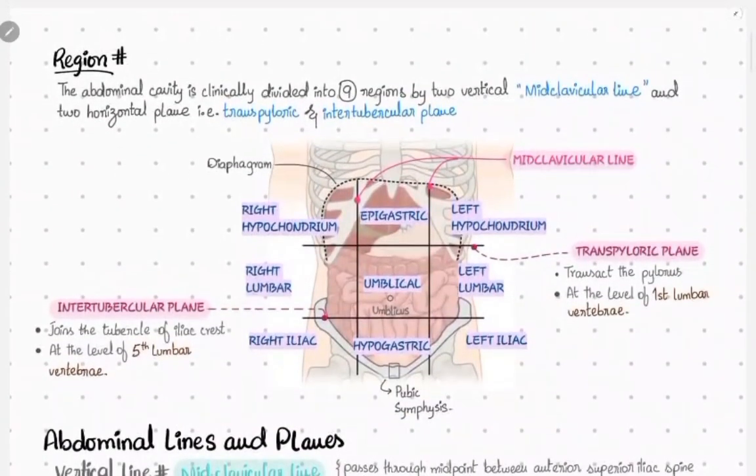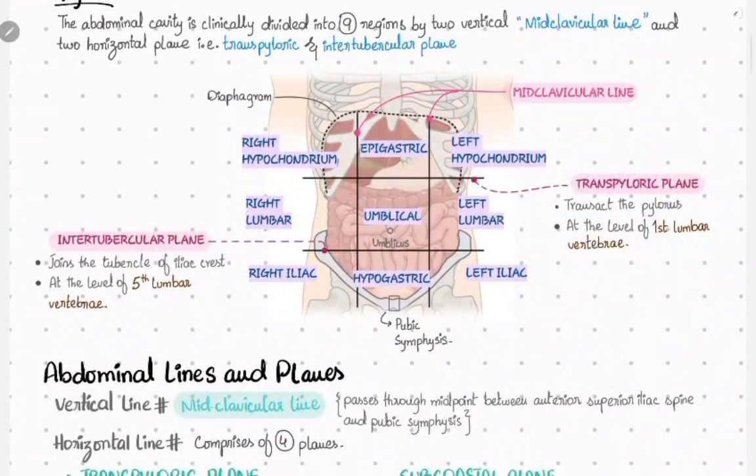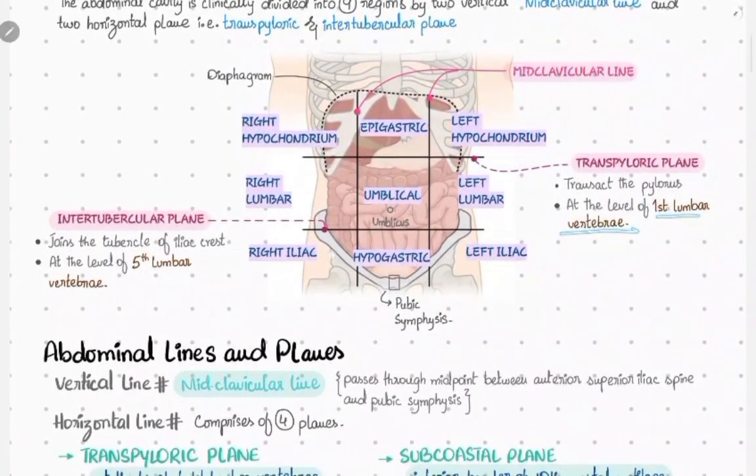Talking about the regions of the anterior abdominal wall, it consists of 9 regions divided by two vertical lines, the midclavicular lines, and two horizontal planes, the transpyloric and the intertubercular plane. The midclavicular line extends from the midpoint of the clavicle up to the midpoint between anterior superior iliac spine and pubic symphysis, and the transpyloric plane transects the pylorus of the stomach at the vertebral level of L1.